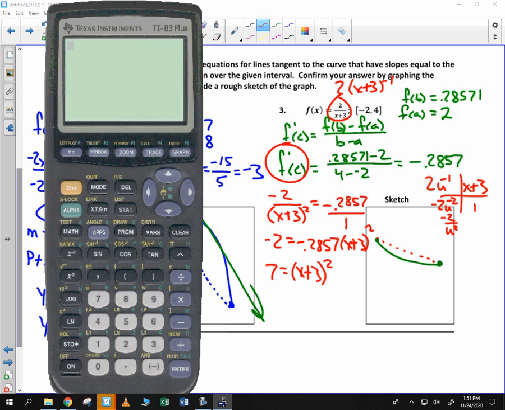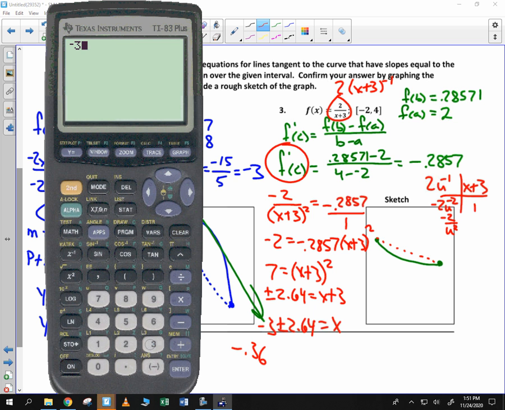Take the square root of 7. I have plus or minus 2.64 is equal to x plus 3. And I subtract 3. So negative 3 plus or minus 2.64 is equal to x. Let's find out what those are. We have negative 3 plus 2.64, I get negative 0.36.